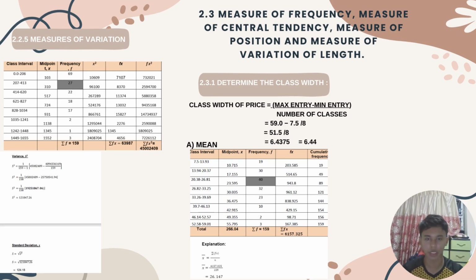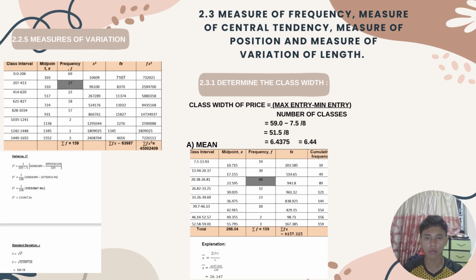2.2.5, measure of variation. For the variance, the final answer is 7.26, and for the standard deviation, the square root of 7.26, we get the final answer 2.69.